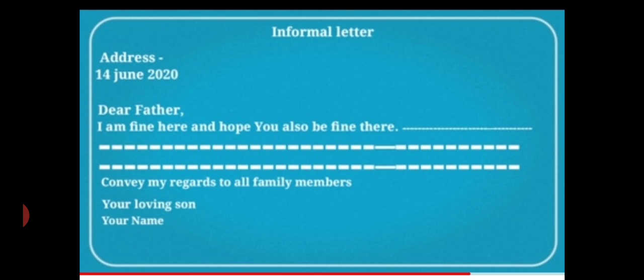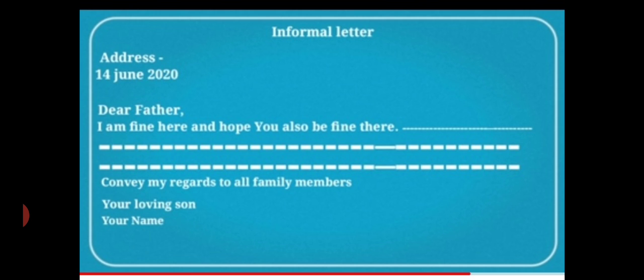Generally we write informal letters on occasions in our family, when you are inviting your friends or relatives to any function, or wishing good results in the board exam to your friends or relatives. For them you can write an informal letter. Now see in which way you can write an informal letter.